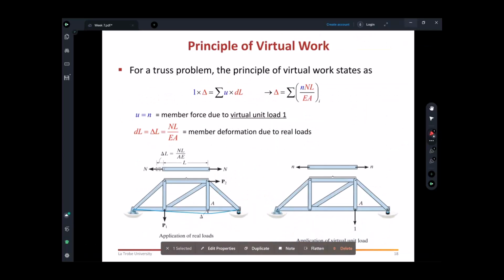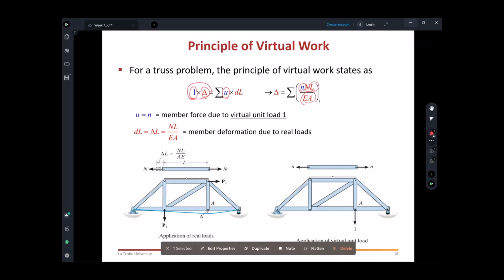So for the truss, external work, this is by the way virtual work, is the virtual force times the real displacement, and the internal virtual forces times the real forces. If I rearrange this, you have the internal force in the virtual system, the external force in the virtual system, length, and axial stiffness.